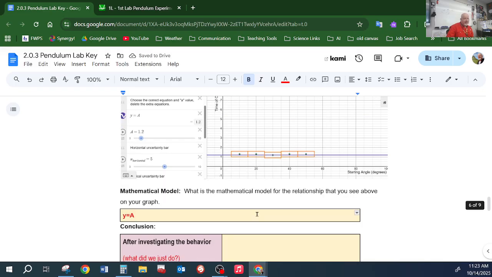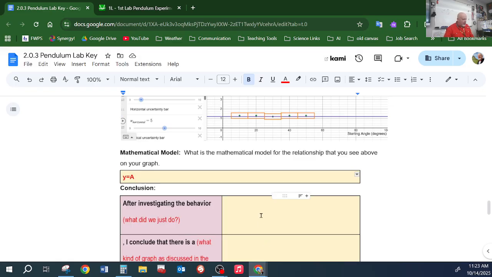All right, so this begins the conclusion. Now, typically conclusions are in paragraph form, but since we're just starting to learn, we are just going to fill out a little form, and later we would turn this into paragraph form, using the same structure. After investigating this behavior, what did we find out?